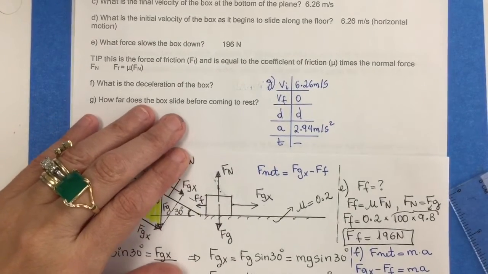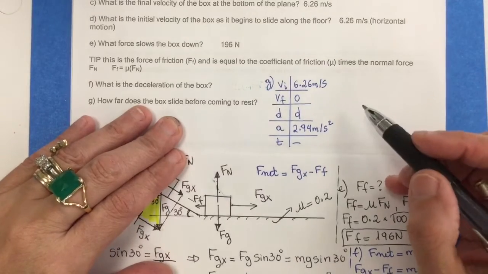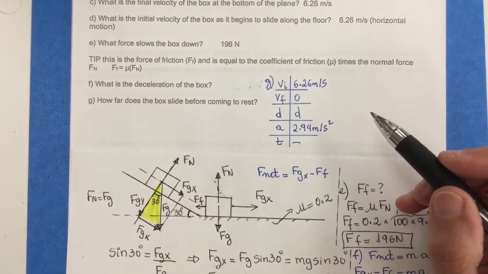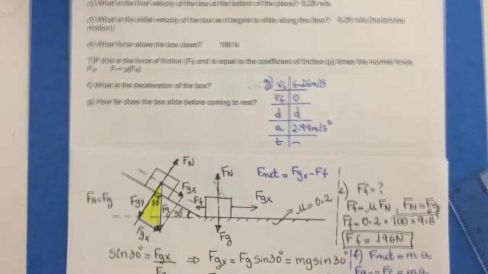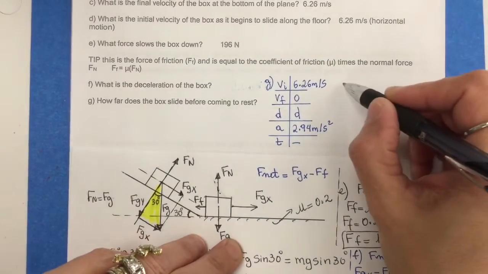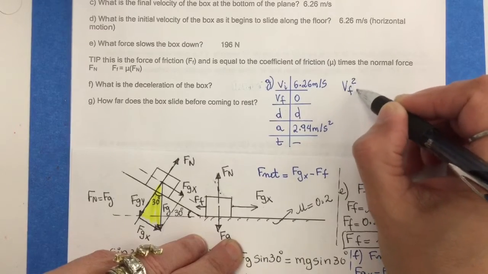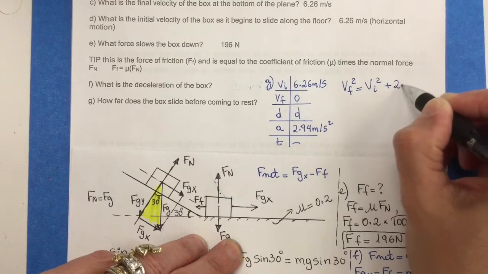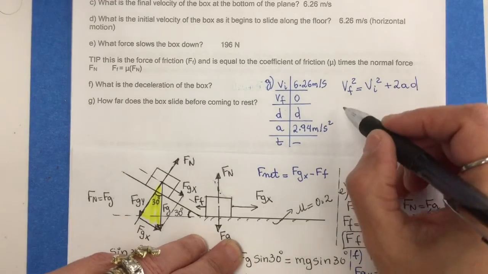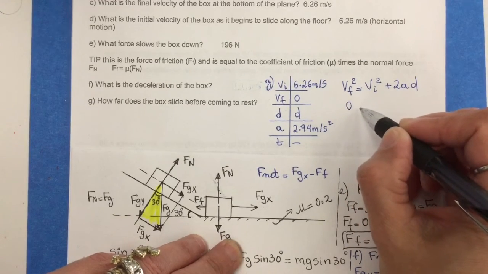So now we can use the motion equation: Vf squared is equal to Vi squared plus 2ad. Our Vf squared is 0.